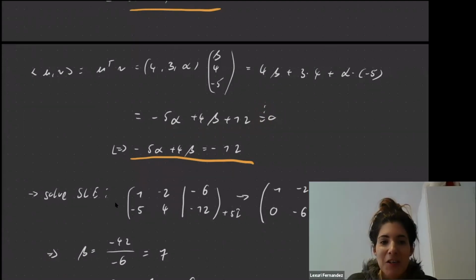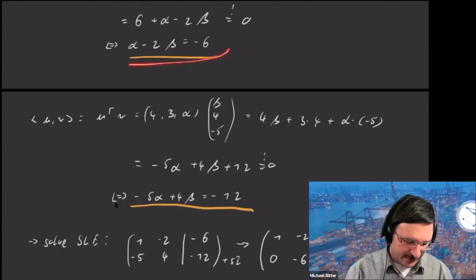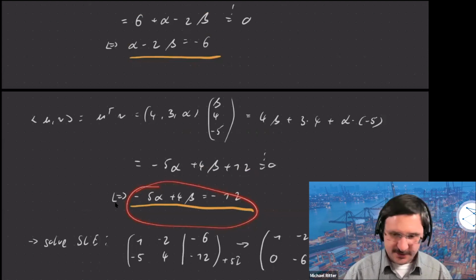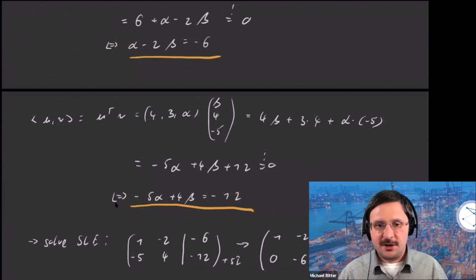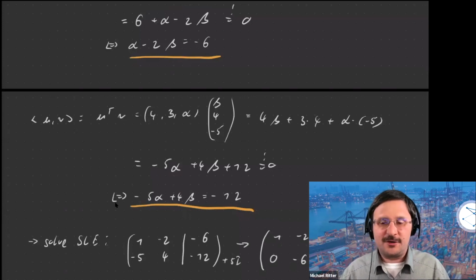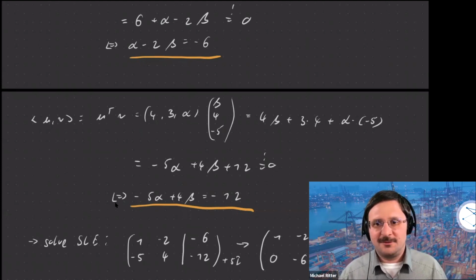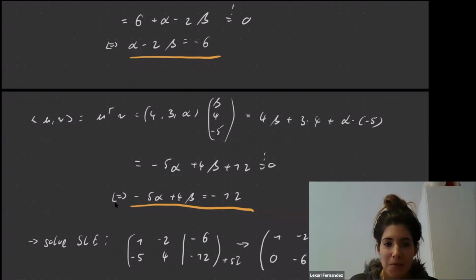Then there is another question that says, can you also solve it differently without Gauss elimination? Yeah. In the end, what you have to do is solve the equation system consisting of these two equations here. It's up to you how you want to do that. You don't have to use Gaussian elimination for that. I do recommend it, however, just for practice, because you will need to master Gaussian elimination, and I don't see a good reason not to use it here.